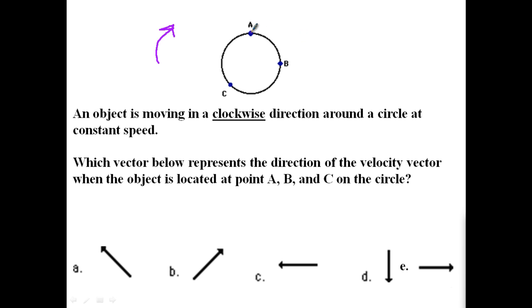It's always going to follow the tangential velocity. So at point A, we're going to have E. So if I cut that string, the ball is going to go straight that way. At B, it's going to go straight down. So this is B. And at C, it's going to go kind of off like that. So this is C.